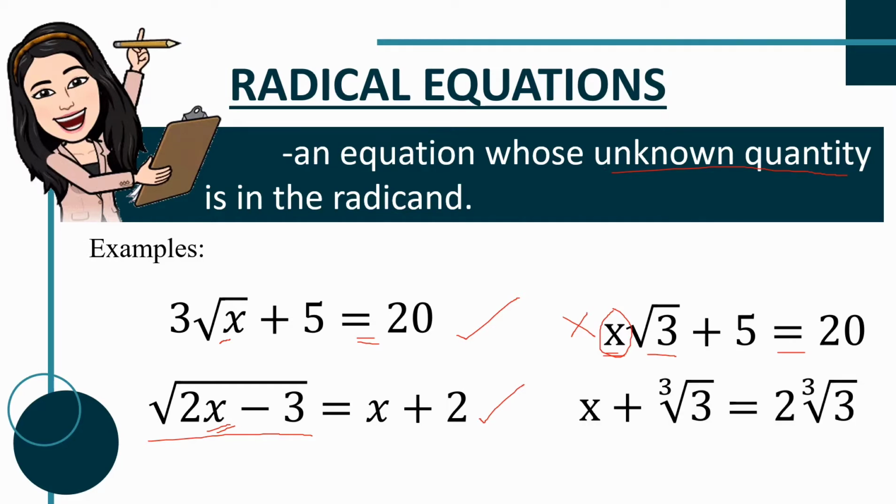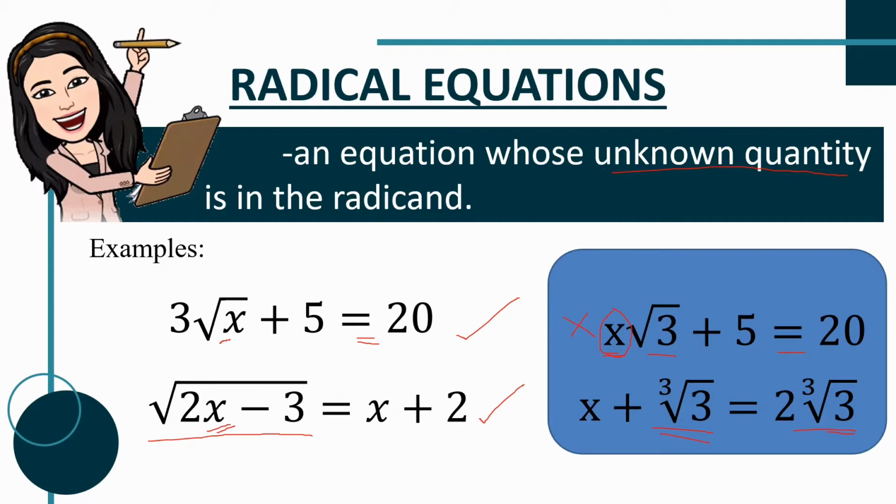How about this given? X plus cube root of 3 is equal to 2 cube root of 3. So again, if you notice, the radical expression involves a number in its radicand. So therefore, this is again not a radical equation. Because to make it a radical equation, the unknown quantity should be the radicand in our radical expression.